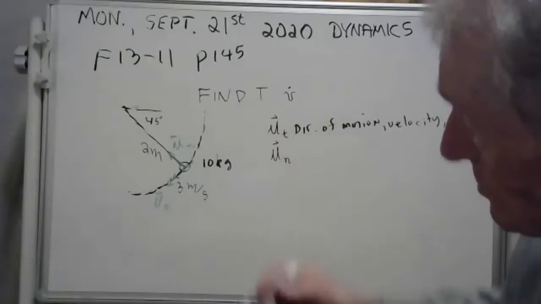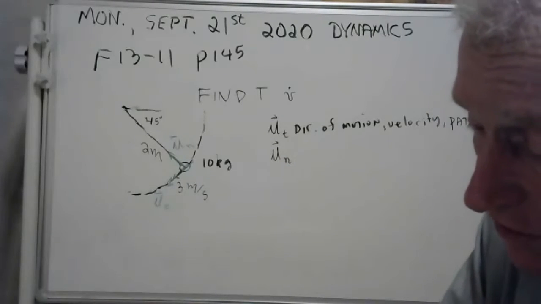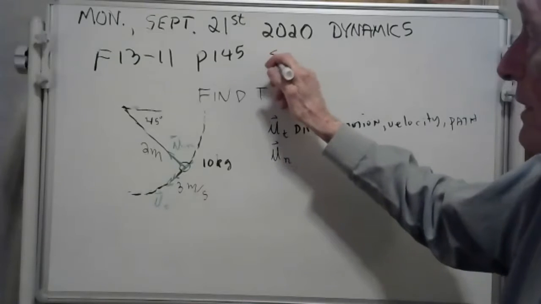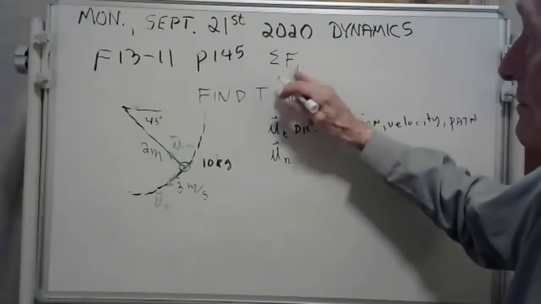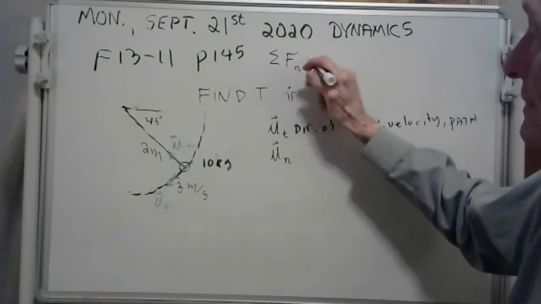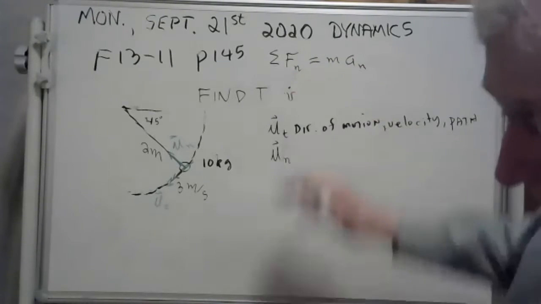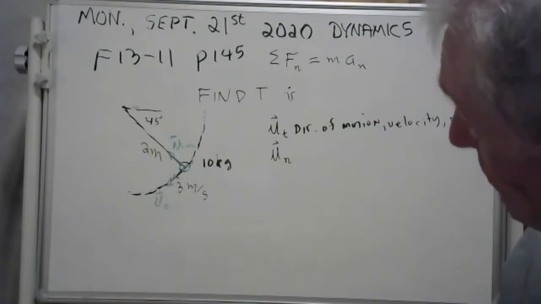Now to find the tension, what we're going to use is Newton's second law. Only we're going to write it like this. We're going to write it in the components of the normal direction.